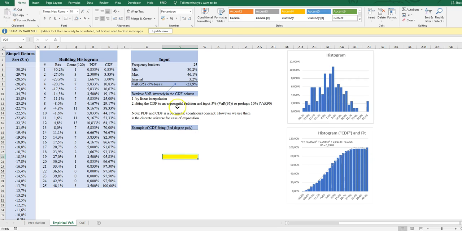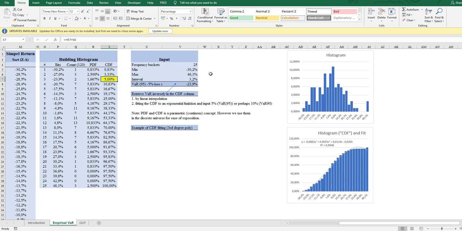So now what we have to do is to calculate the VAR, and the VAR is exactly where the CDF is 5%, and luckily we have one on 5% here. So it's minus 23.9. So there is a 5% chance that the loss in the portfolio will be minus 23.9% or lower.